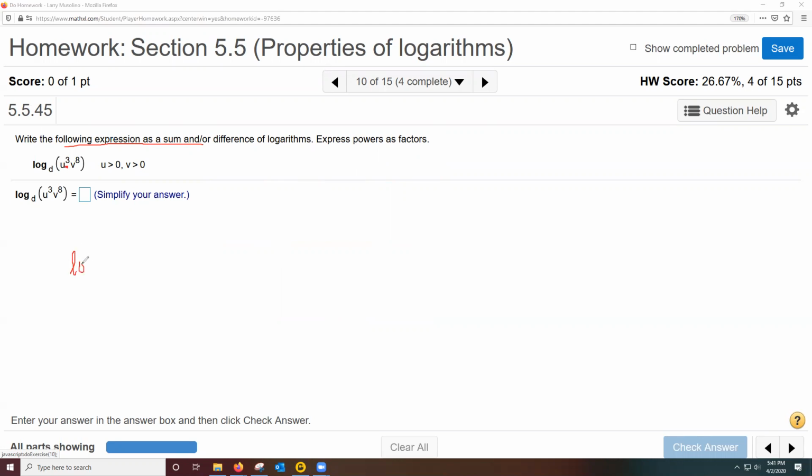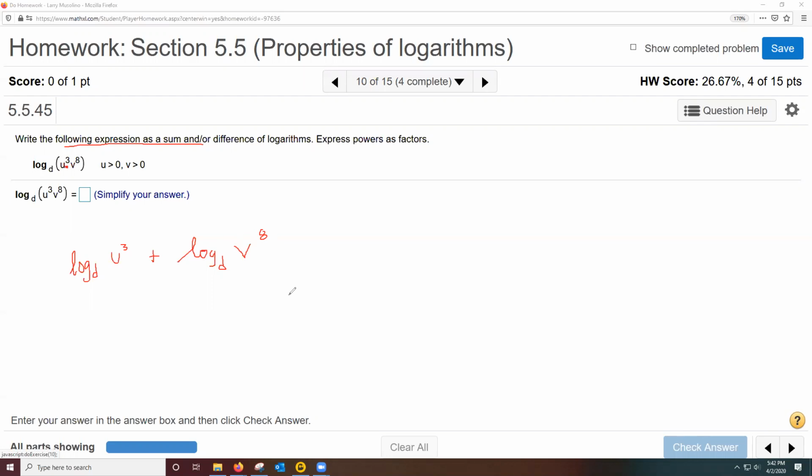I'm going to take the log to the base d of the first quantity u to the 3, and I'm going to add the log of the second quantity, still to the base d, of v to the 8. That was using the very first property we talked about that says when you have the log of a multiplication, you can rewrite it as the log of each quantity being multiplied, but as a sum.